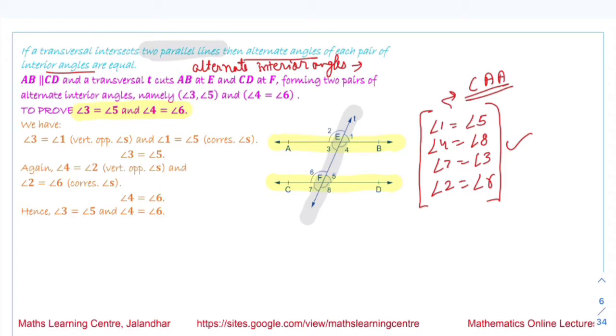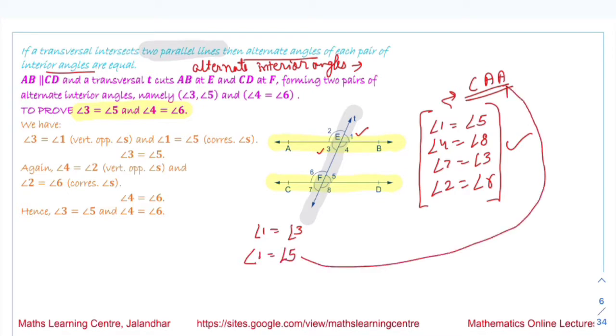Now if we look at angle 1 and angle 3, angle 1 is equal to angle 5 by the corresponding angle axiom, and angle 1 is equal to angle 3 because they are vertically opposite angles, so they are equal.